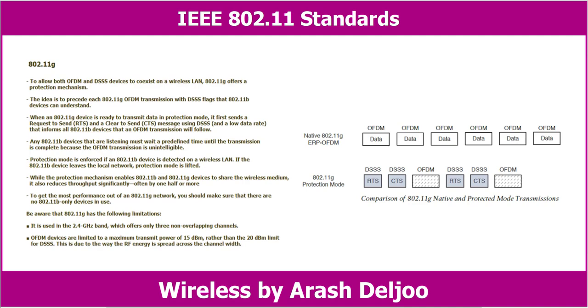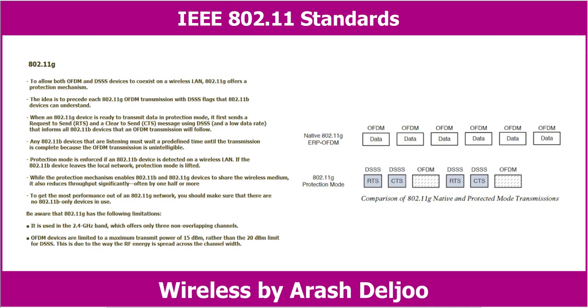When an 802.11g device is ready to transmit data in protection mode, it first sends a request to send, or RTS, and a clear to send, CTS, message using DSSS and a low data rate, that informs all 802.11b devices that an OFDM transmission will follow.